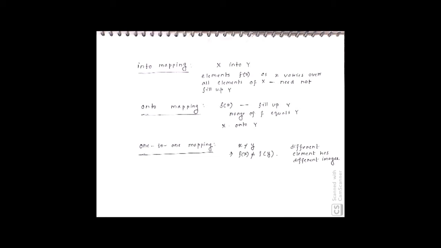That means, in mathematical sense, if x is not equal to y, f of x should not be equal to f of y. So different elements have different images. In this case, we call f a one-to-one mapping of capital X into capital Y.